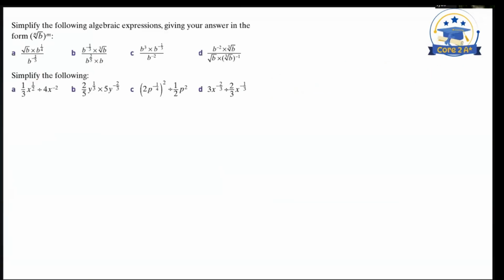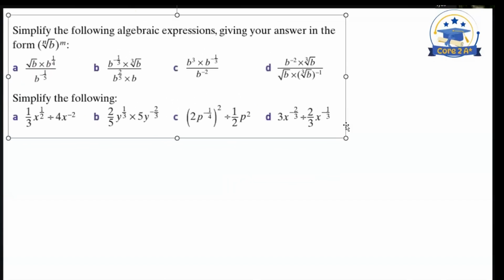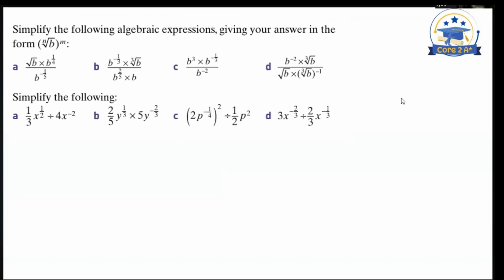Okay. See some questions based on that. Which one do you want to solve? Suppose I take this one: 1/3, simplify the following, x to the power half divided by... see, how can we change the division sign?